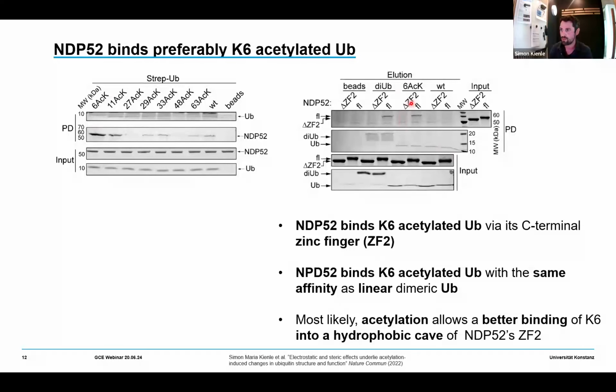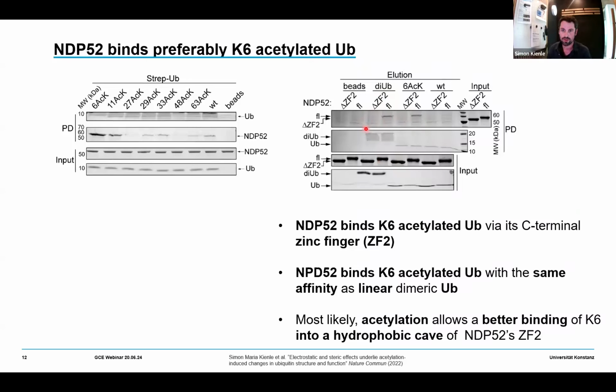And indeed, when we depleted the C-terminal zinc finger, we did not see NEP52 binding to ubiquitin acetylated at position 6, whereas with the full-length NEP52, we saw binding, meaning that NEP52 binds to ubiquitin via its C-terminal zinc finger when ubiquitin is acetylated at position 6. Interestingly, we could also show that the binding affinity of the full-length NEP52 is somewhat comparable to the natural substrate of NEP52, linear dimeric ubiquitin.